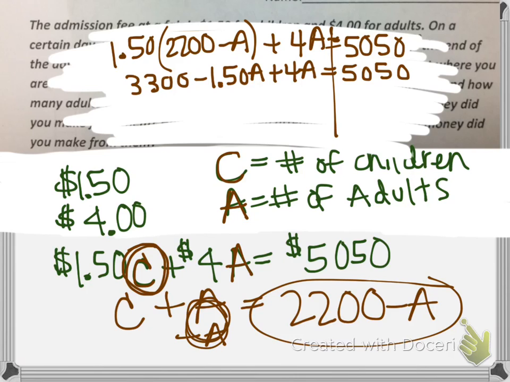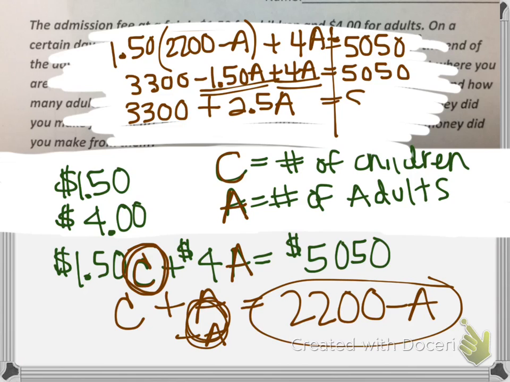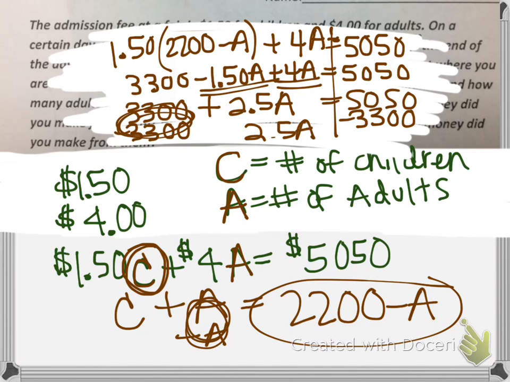Okay, so I've distributed, and now negative 1.5A plus 4A, I'm combining like terms, so negative 1.5 plus 4 is 2.5A, and then plus 3,300 equals 5,050, minus 3,300 on both sides, and I got 2.5A equal to 5,050 minus 3,300.